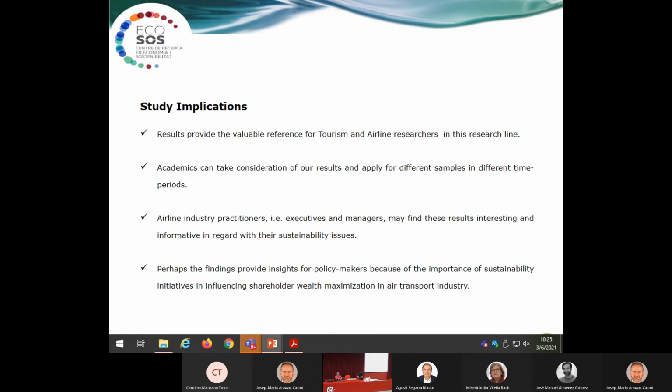It's kind of against your reported results because you said there is a trade-off between sustainability performance and financial performance somehow, and then the implication for me is, I don't get it, because you say that sustainability is important in influencing shareholder wealth maximization.